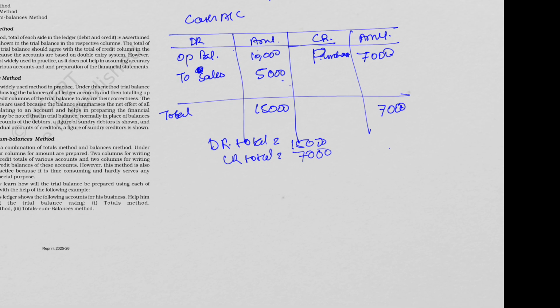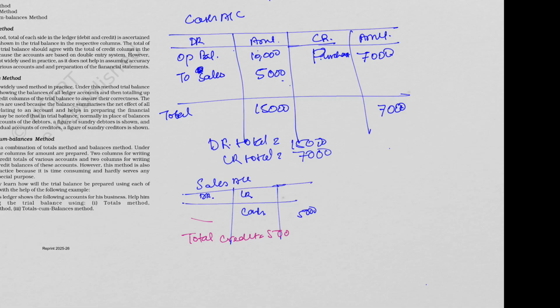In step 2, we have the sales account, because we know cash sales of rupees 5,000 occurred. So the entry would be cash account debit to sales account. So the sales account would have no debit, and credit of 5,000 for cash. So here the total credit is rupees 5,000.